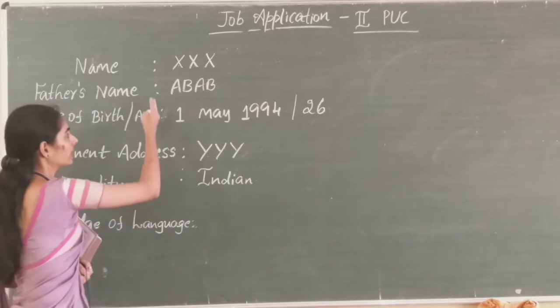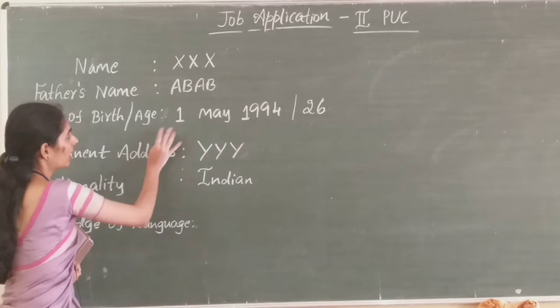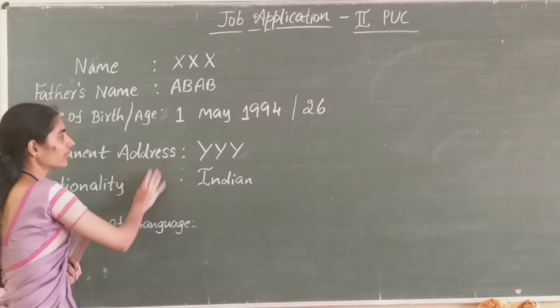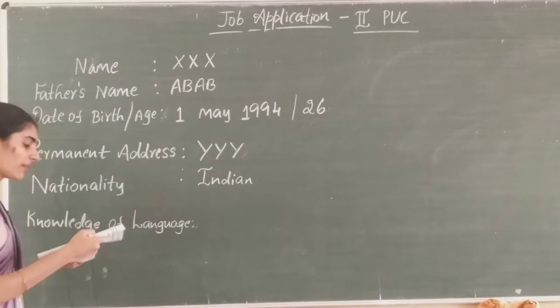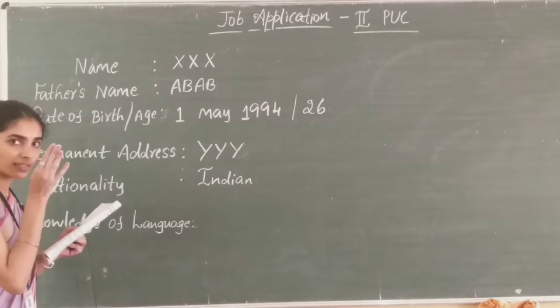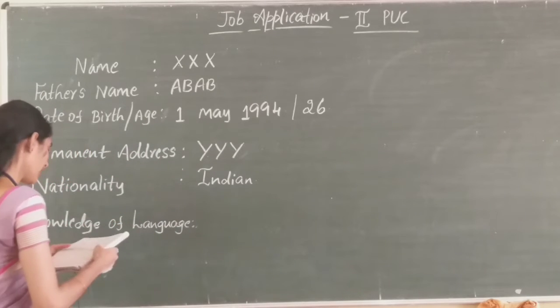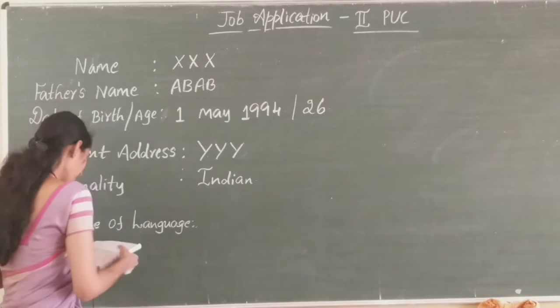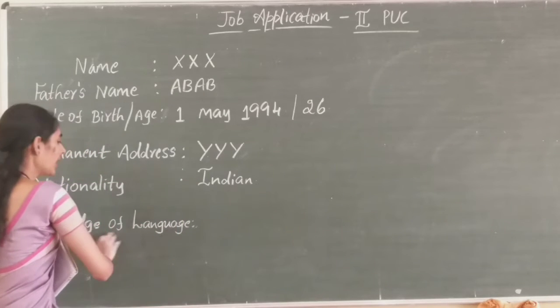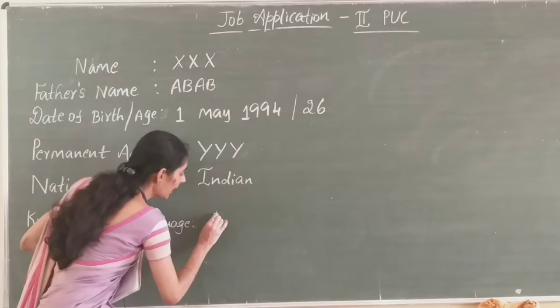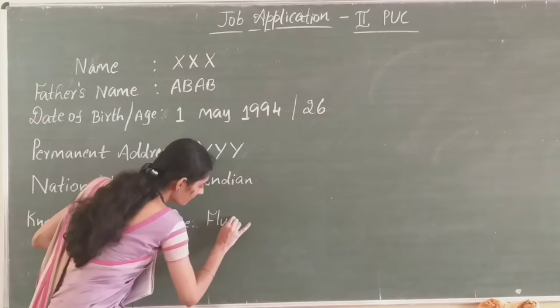Again, remember, here the sequence or the order is not in a proper manner. So please maintain that. Okay. In the same way as it is given in your workbook. The space that you have to give here, please maintain those things. Here I don't have much space and that's why. Yes. So knowledge of language, you have to write fluent in.